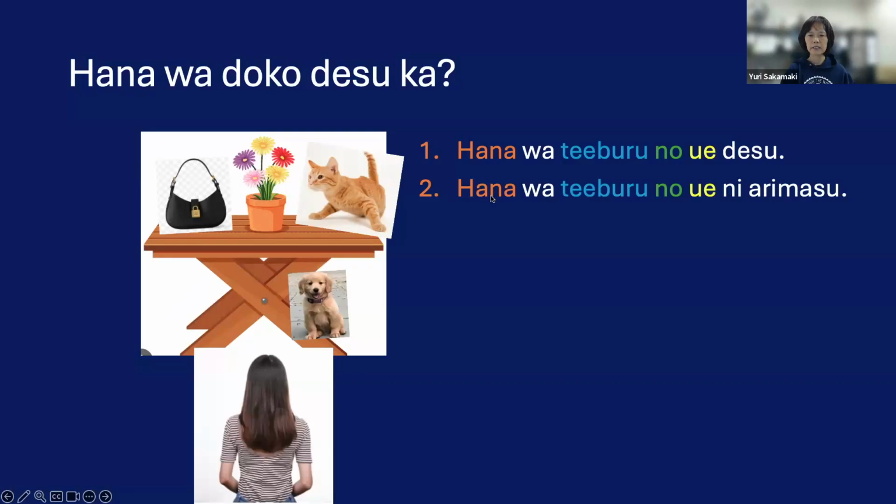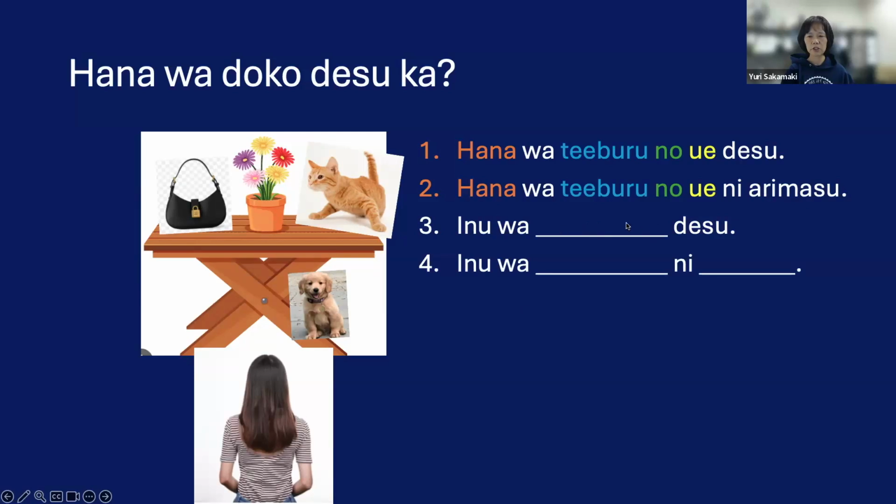Like this. 花はテーブルの上に, remember, ni indicates a location when we use that with あります. 花はテーブルの上にあります. So, 犬は, we said before, テーブルの下です. Okay, can we say that with います? 犬はテーブルの下にいます. Okay, how about カバン?